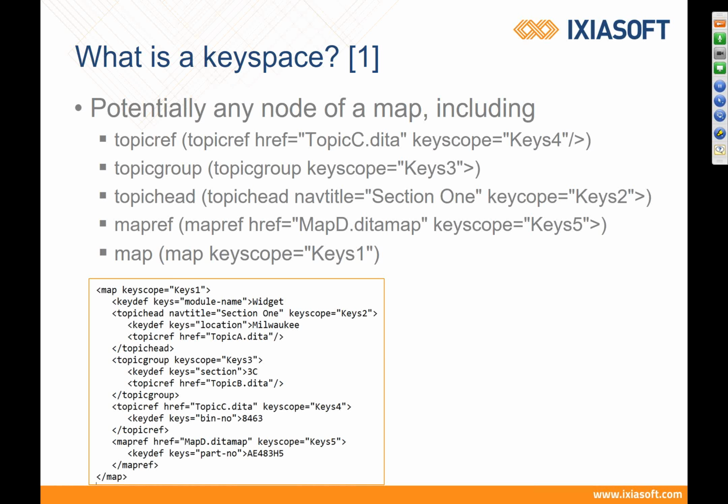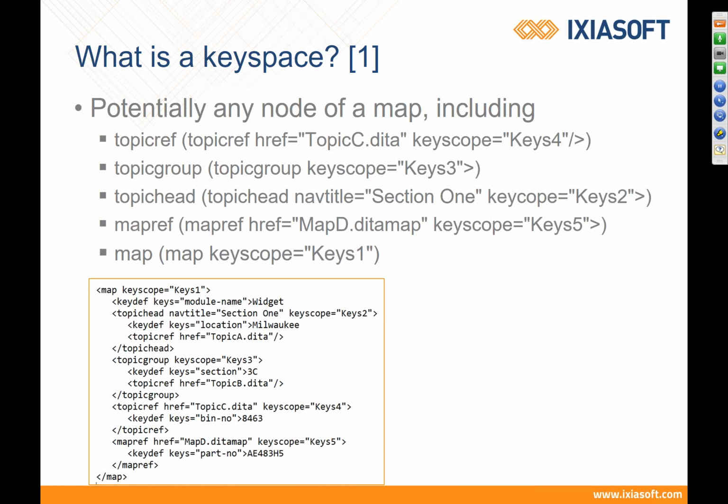So, what is a key space? Well, a key space is potentially any node of a map, including, from most granular to least, a topic ref, topic group, topic head, map ref, or the map itself.